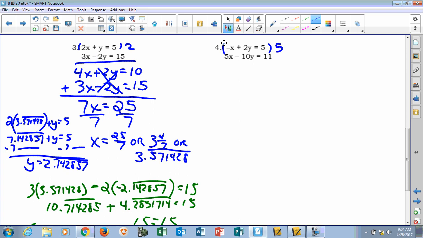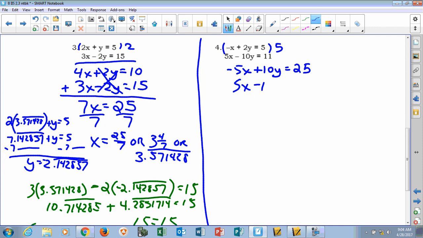When I multiply by 5, I get negative 5x plus 10y equals 25. Okay? And I'm going to copy down the second part because we didn't change that.